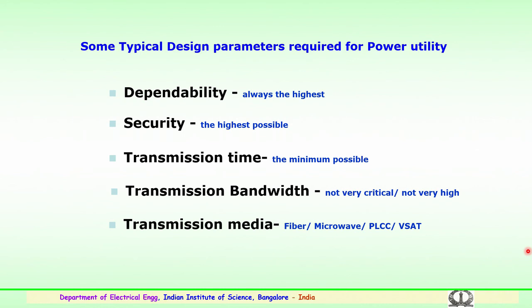The transmission bandwidth required for a power utility may not be very critical, and could not be very high either. The bandwidth again depends upon the system, the number of parameters to be measured, the number of connections, the voltage levels and the devices which are connected.